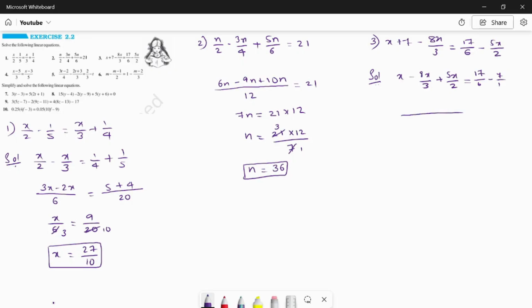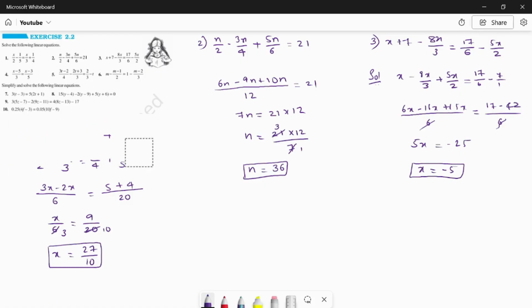LCM of 2 and 3 is 6. So (6x - 16x + 15x)/6 = (17 - 42)/6. 6 and 6 will get cancelled. We'll have 5x equals -25, where x is equal to -5.